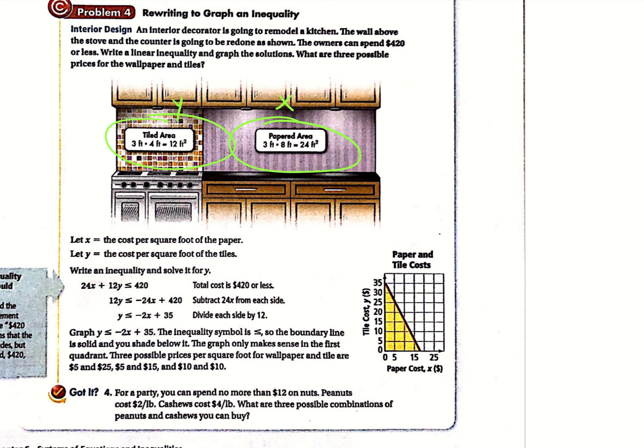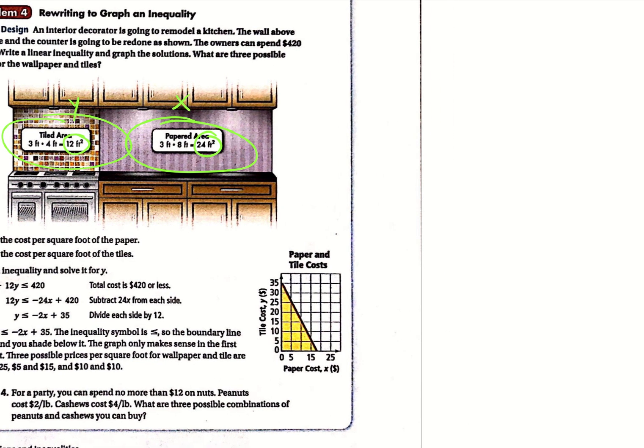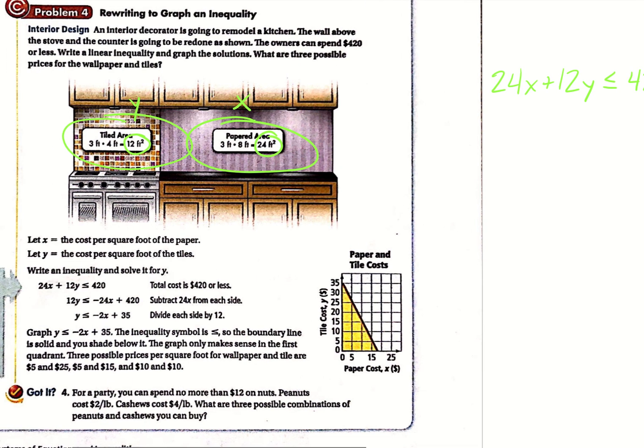Then it says write an inequality and solve it for Y. So we have 24 feet and 12 feet. Because 24 goes with X, we've got 24X, plus 12Y, and it needs to be less than or equal to 420 because that was the maximum that they can spend.